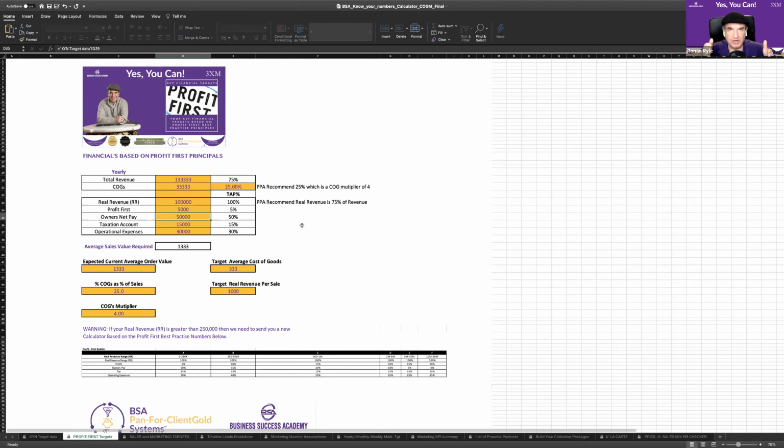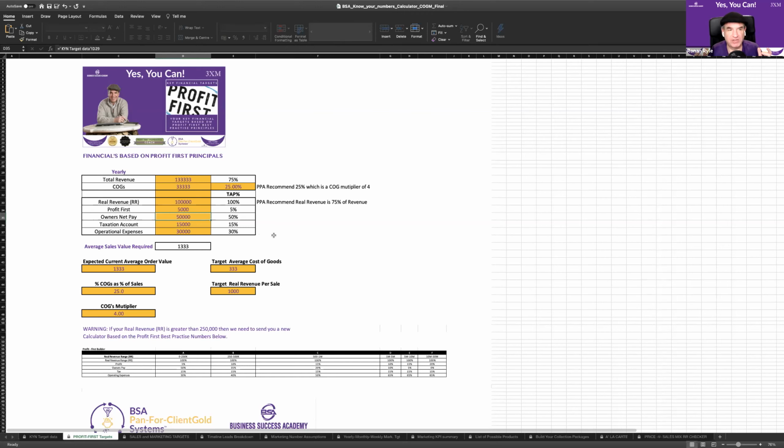When I receive that money, I have multiple bank accounts. I send 5% of it off to my profit account, a separate bank account from my main account. I send 50% of it off to my owner's pay account, I send 15% to a separate taxation account, and I send 30% to my operational expenses account.